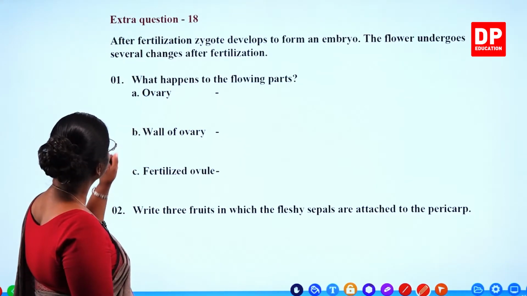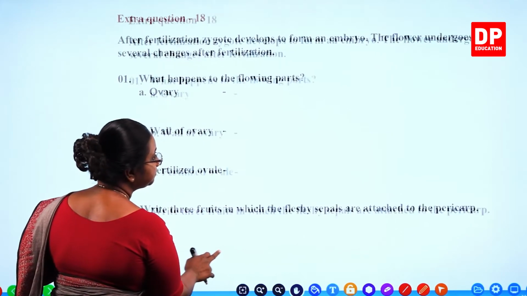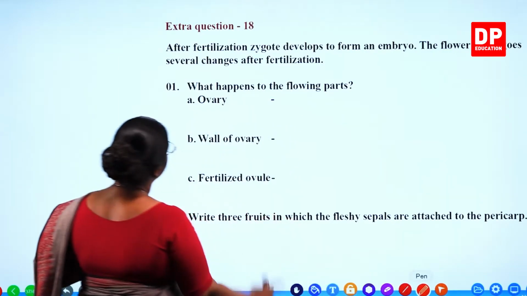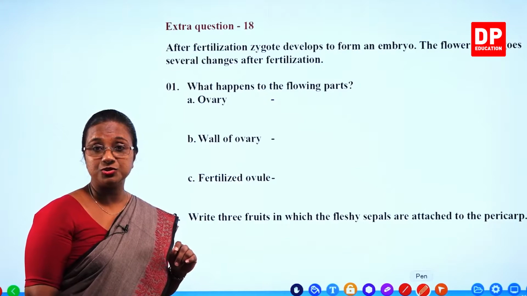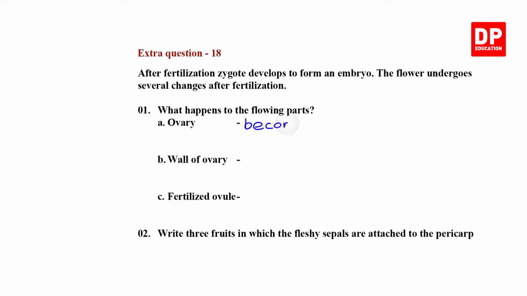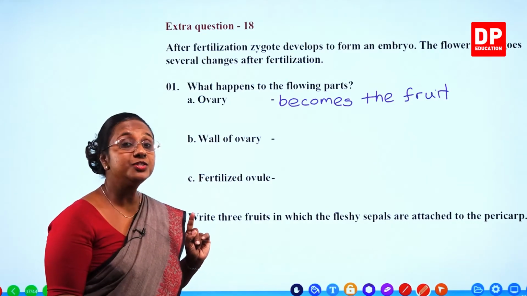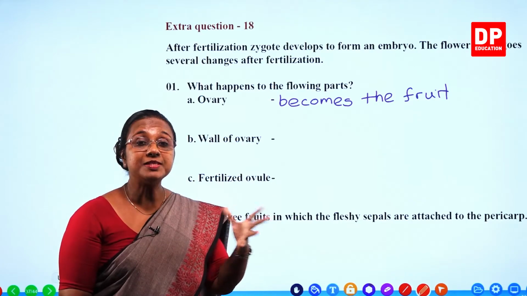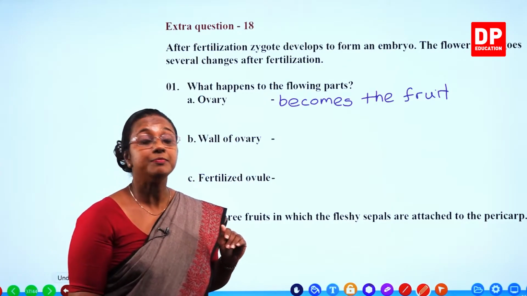So, the first question, what happens to the following parts? The first part is ovary. Ovary is the structure that develops into the fruit. Ovary becomes the fruit. Wall of ovary. What happens to the wall of ovary? It becomes the fleshy part of the fruit which covers the seed. So we call it the pericarp.